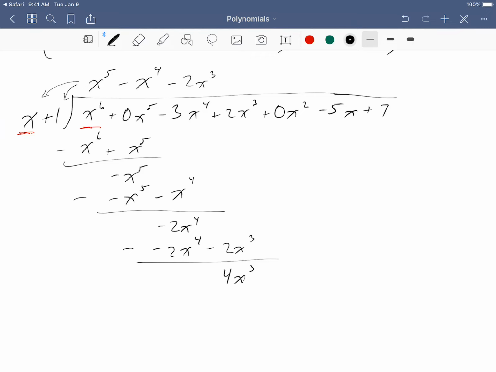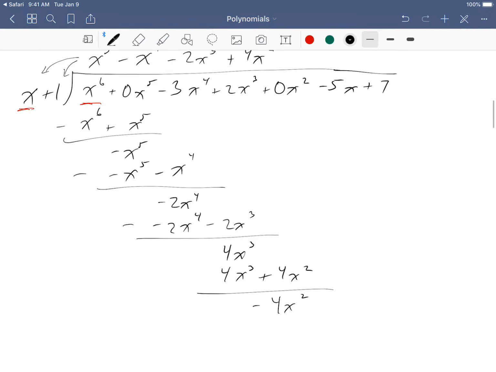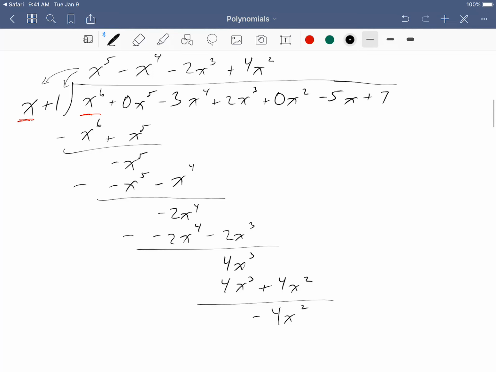Okay, so now x goes into 4x cubed, 4x squared times. That brings me 4x cubed plus 4x squared. Subtracting down, I get a 0x squared minus 4x squared. Okay, so x goes into minus 4x squared minus 4x times.